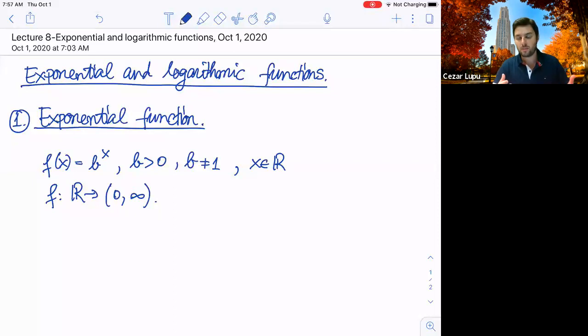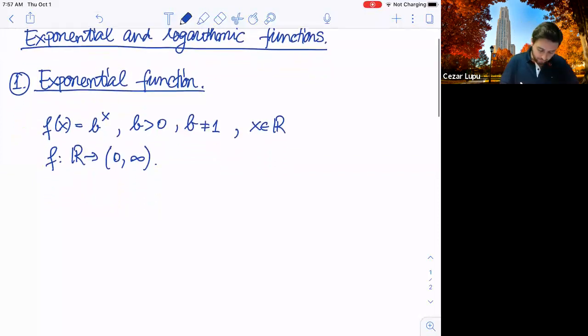We will see that in some particular cases, for example, when b equals this number e, this is a special type of exponential function. Now I would like to start with the following theorem. Let me dive directly into this.